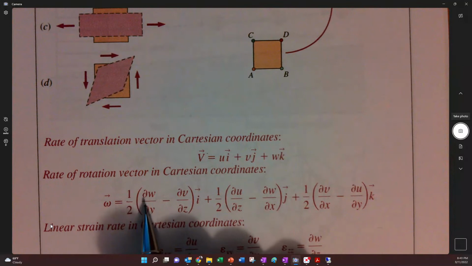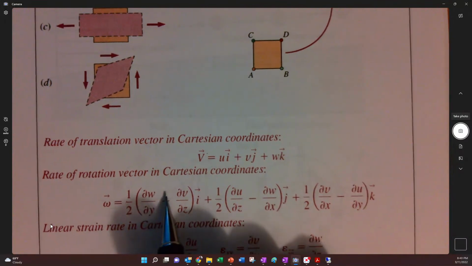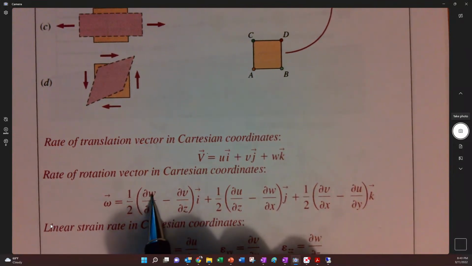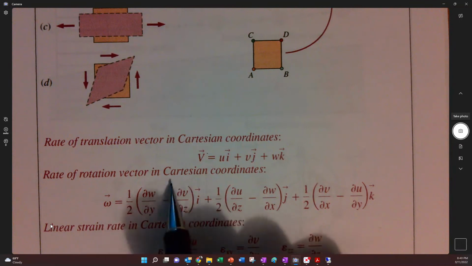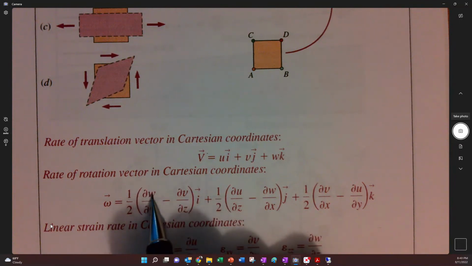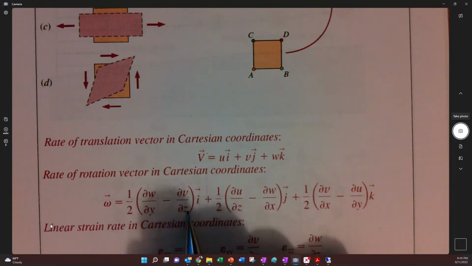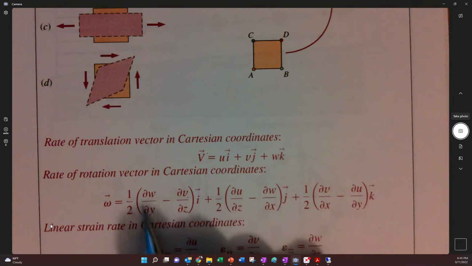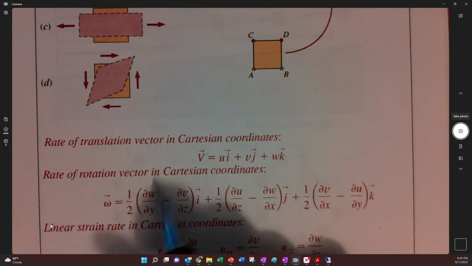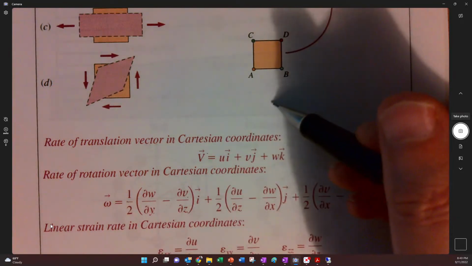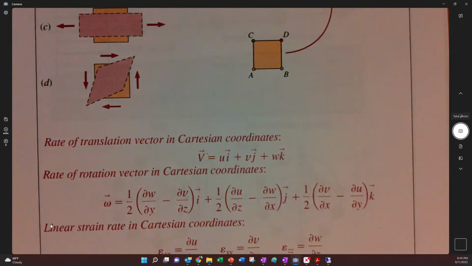But these are sort of like the strain rates, right? In the x direction here, you could see the change in w with respect to y minus the change in v with respect to z. So you can see there are no u terms or x terms right here. We're kind of looking down at the piece that's moving.